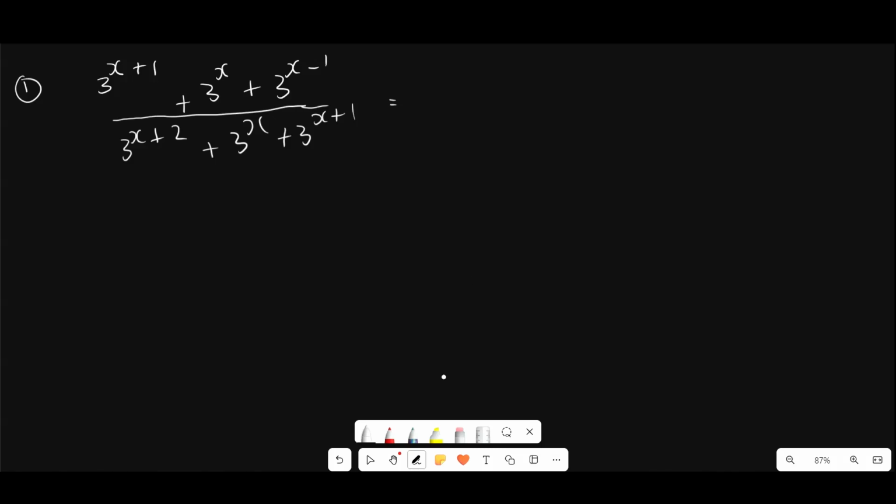Okay, so first of all, you notice that 3x is common in all these three terms here on the numerator, so my 3x in that case will be my common factor. So I'll take out 3x, and hence inside I'll have 3 to the 1, and then 1, and then plus 3 to the negative 1.